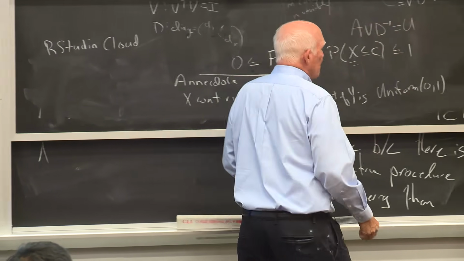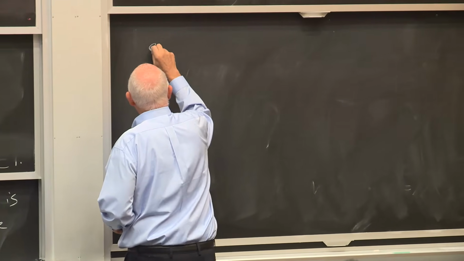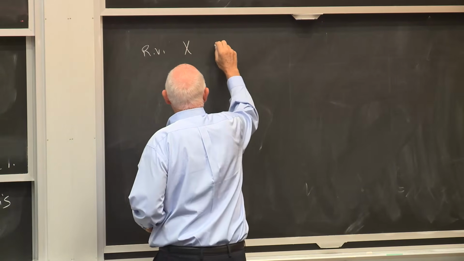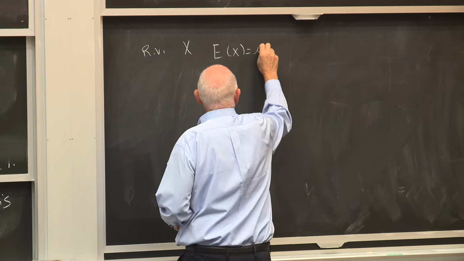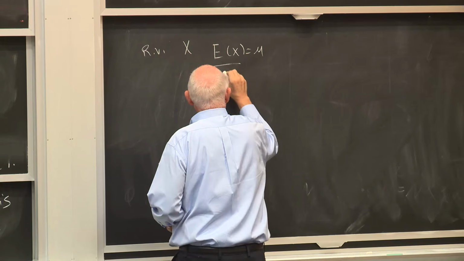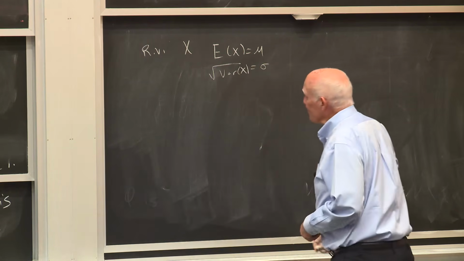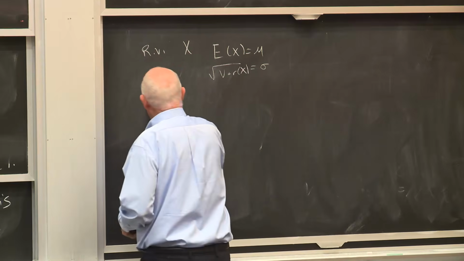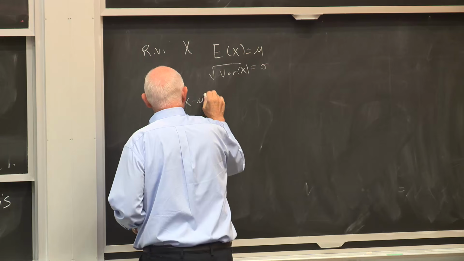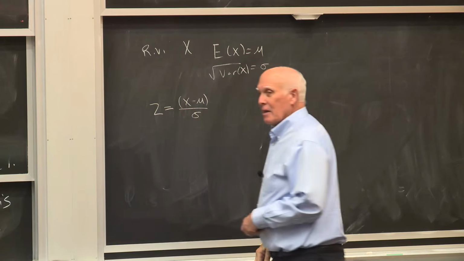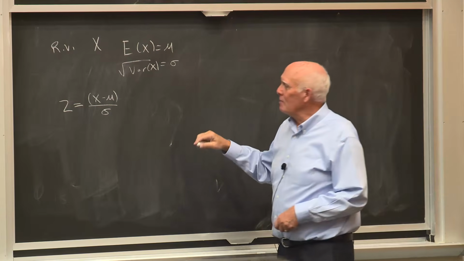Something that's nice to think about is if we have a random variable x where the expected value of x is equal to mu and the square root of the variance is sigma, and we take z equal to (x minus mu) over sigma, this is a standardization of the random variable.